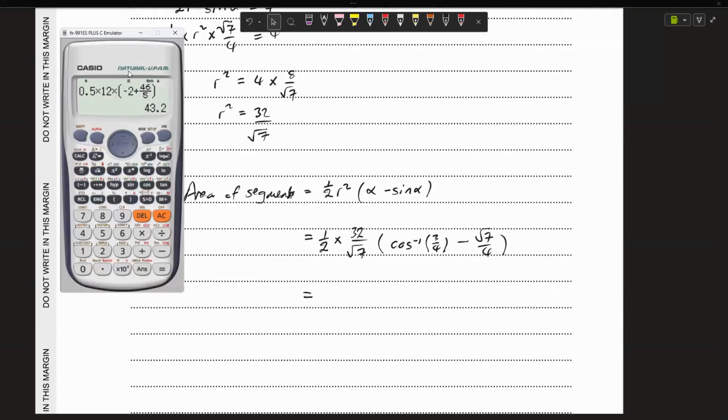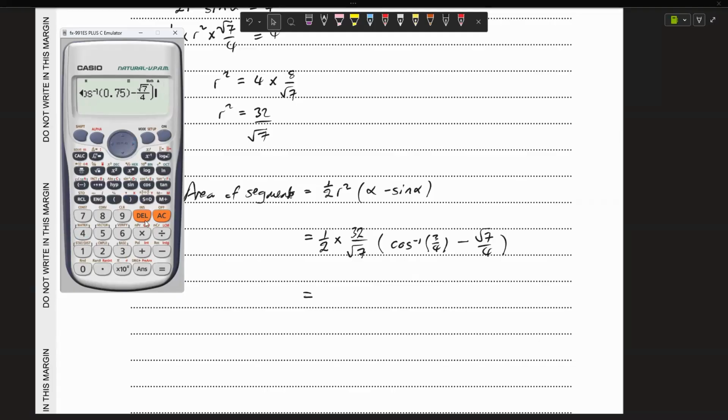So that's going to be half of 16 over root 7, and that's going to be of arc cosine of 3/4, that's 0.75, then minus root 7. Let me make it a fraction first, so root 7 on top, over 4.